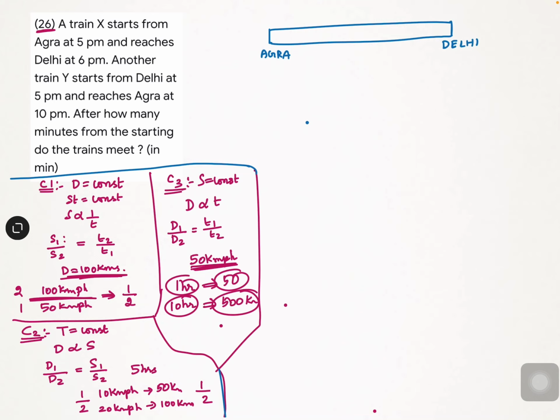A train X starts from Agra at 5 p.m. So X is starting here at 5 p.m. and it is reaching here at 6 p.m. And another train Y starts from Delhi at 5 p.m. and reaches Agra at 10 p.m. After how many minutes from the starting do the trains meet? We'll go step by step.